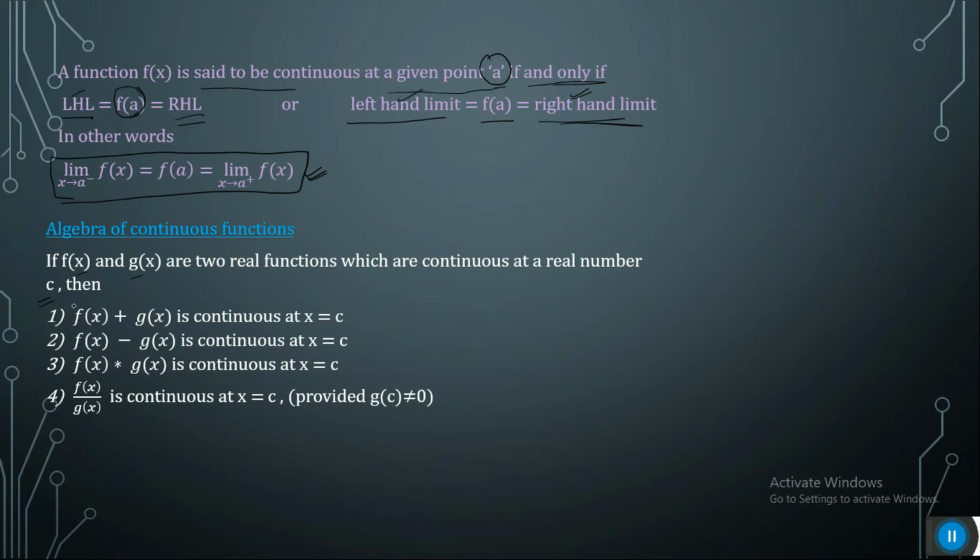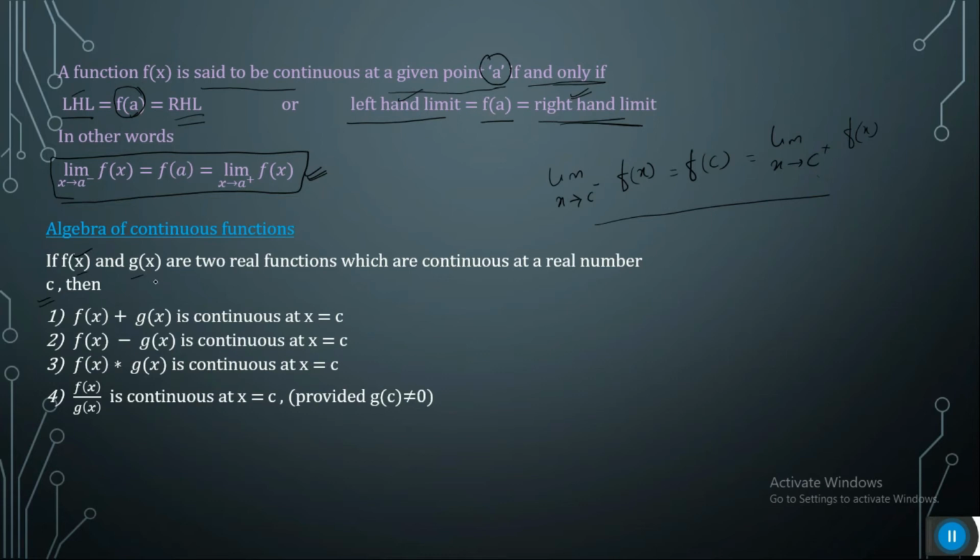So at c continuous means limit x tending to c minus f(x) is equals to f(c) is equals to limit x tending to c plus f(x). Okay, so if this is satisfied, then you will say function f(x) is continuous at point c.